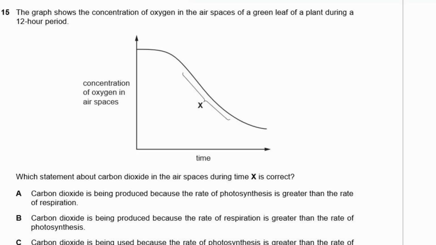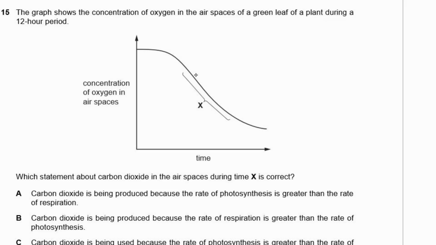Question 15. The graph shows the concentration of oxygen in the air spaces in a green leaf of a plant during a 12-hour period. Which statement about carbon dioxide in the air spaces during time X is correct? Okay, so we're looking at this graph and it says about concentration of oxygen in the air spaces, and it's asking about concentration of carbon dioxide.